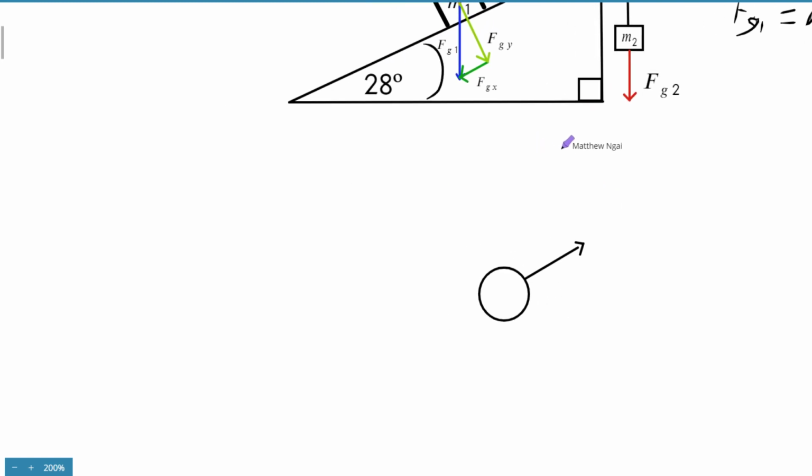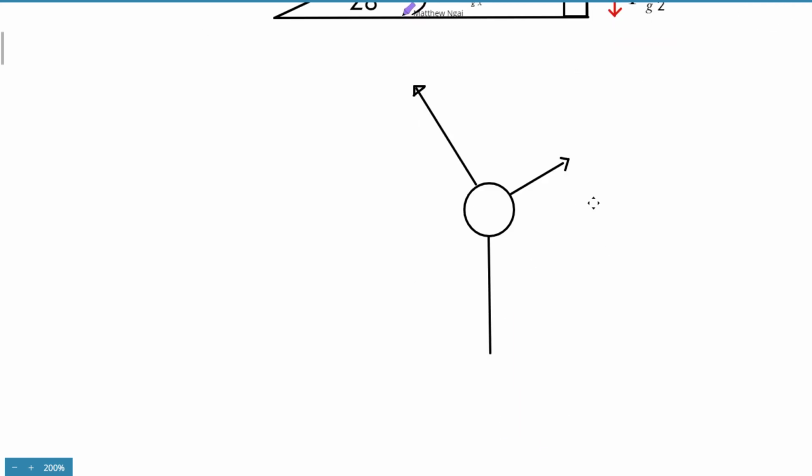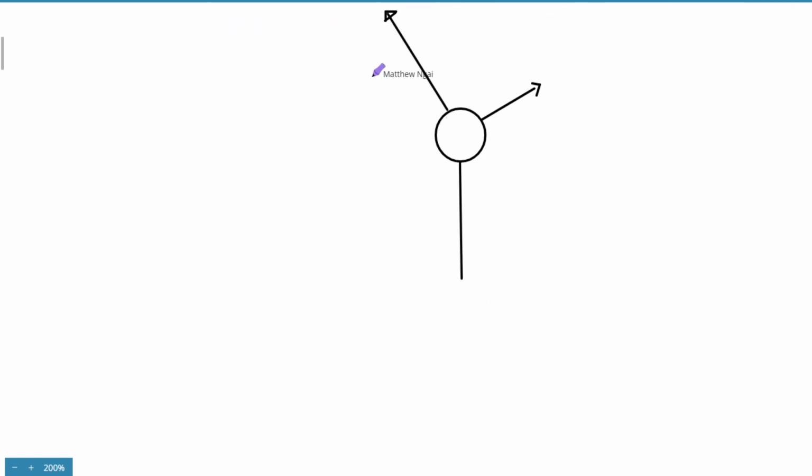And then there is the normal force, which is perpendicular to the plane. And then there is gravity, which is just straight down.